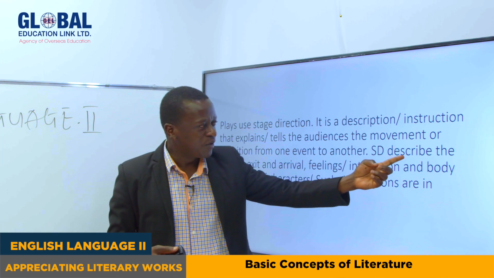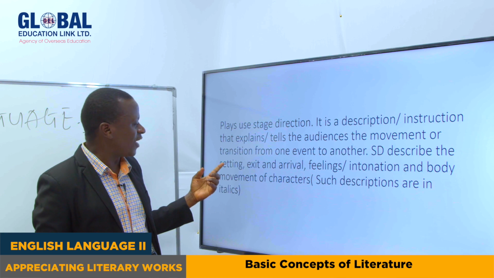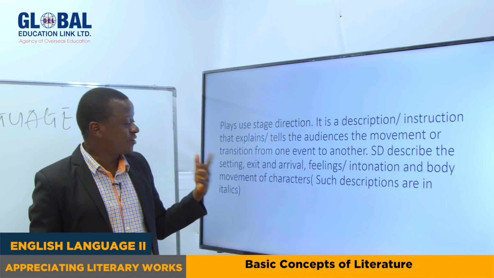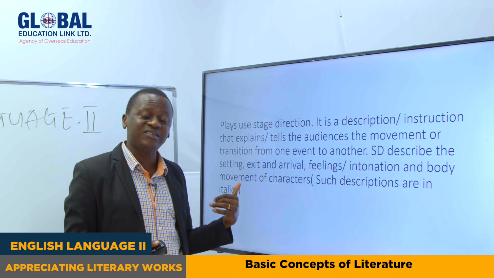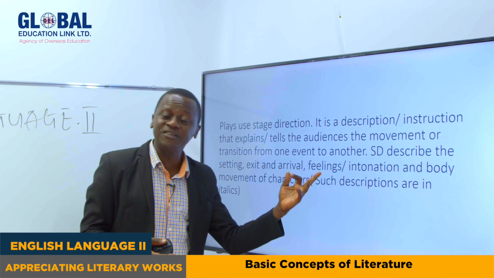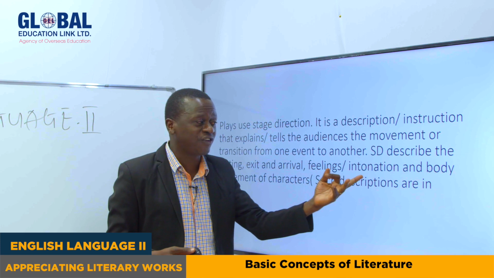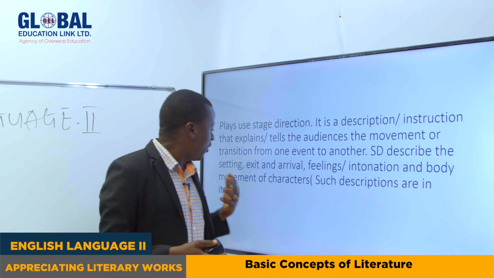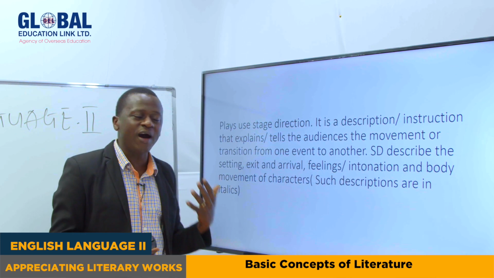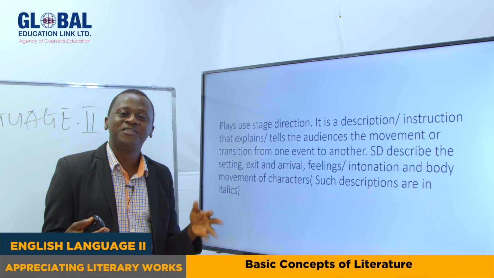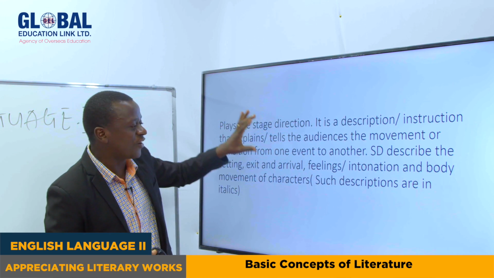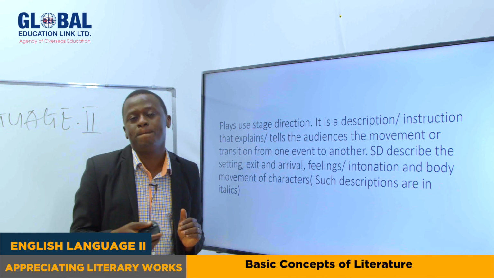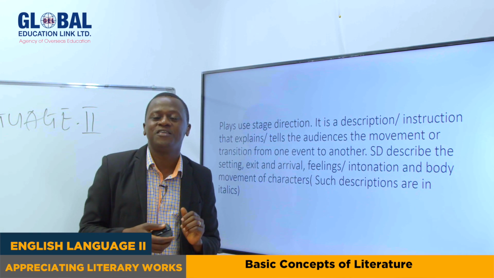Stage direction describes the setting, the exit, the arrival or entrance, the feelings, the intonation, and the body movement of characters. And remember, such words found in the stage direction are in italic form, or they have been italicized.